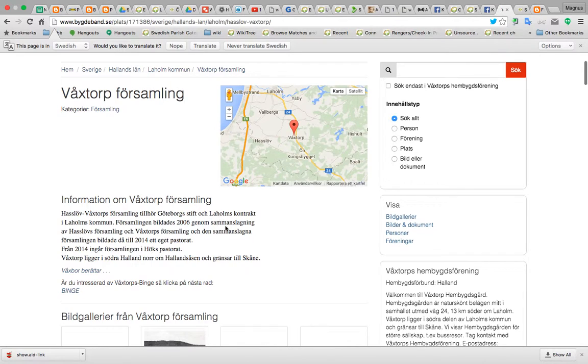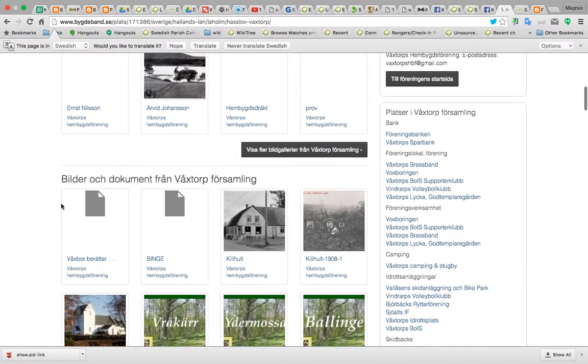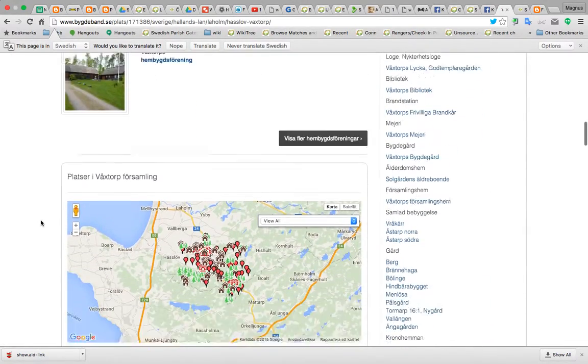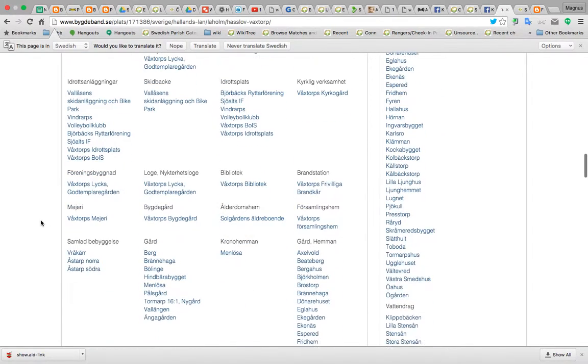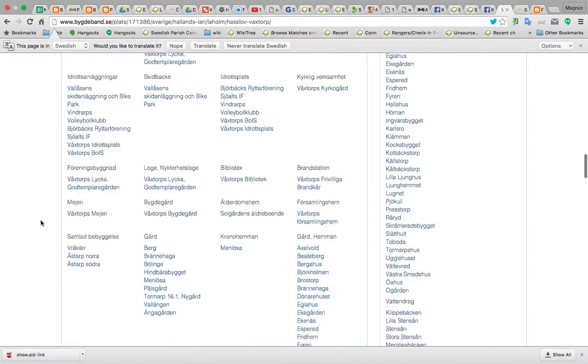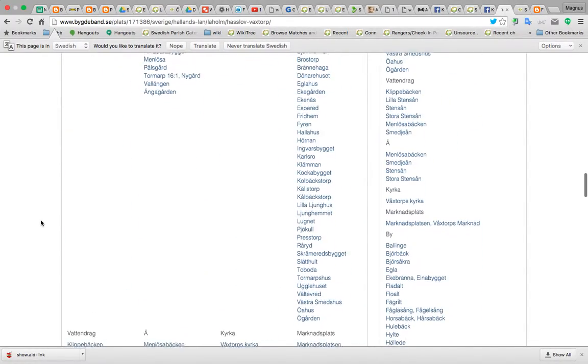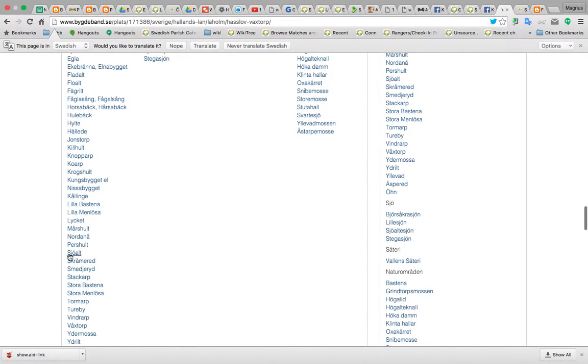And the Våxtorp society, Våxtorp Hembygdsförening, seems to have done a lot of things. So they have a lot of pictures and so on, and at the bottom you have a map. And on this map you can see Sjöallt.